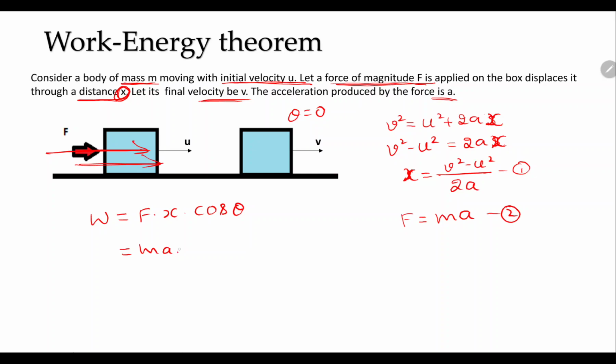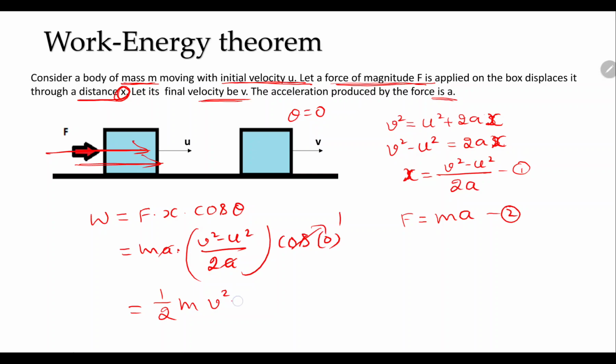Displacement is given by v square minus u square divided by 2a, into cos 0. Cos 0 is 1, so a will cancel out. You have half m into v square minus u square, that is equal to half mv square minus half mu square, that is equal to work done.